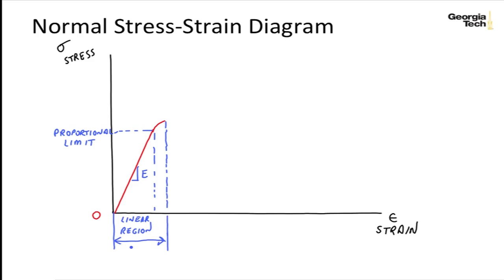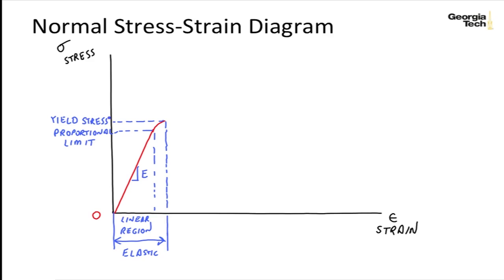So we call this the elastic region. And the end of the elastic region is called the yield stress. This is where any stress beyond this point is going to produce permanent yield or permanent set, permanent deformation. The body is not going to return back to its original position.